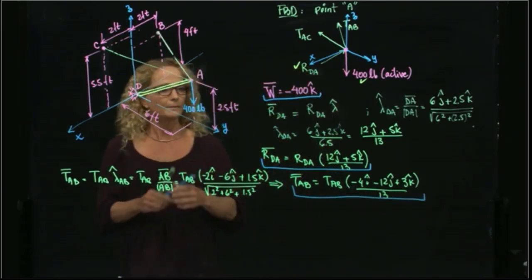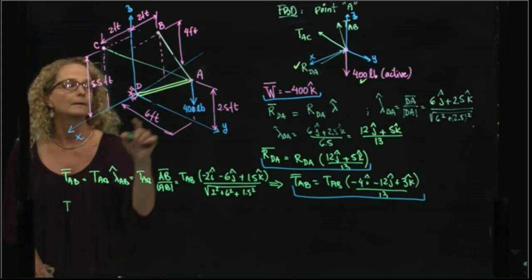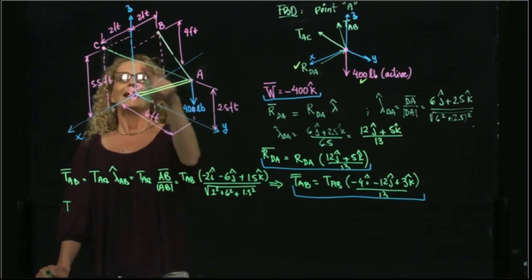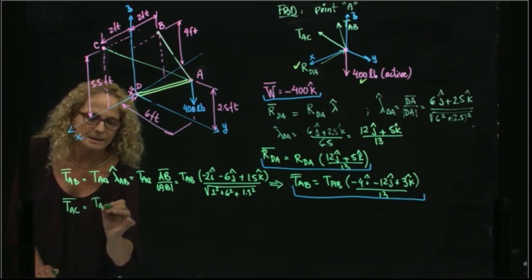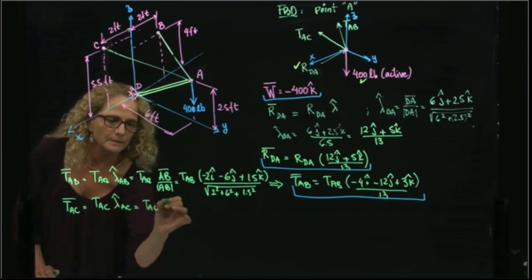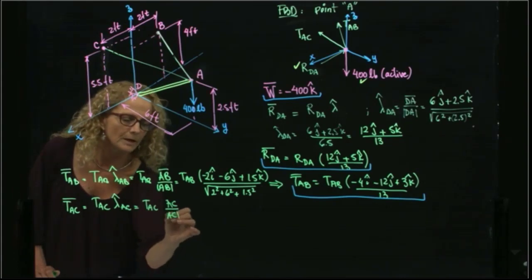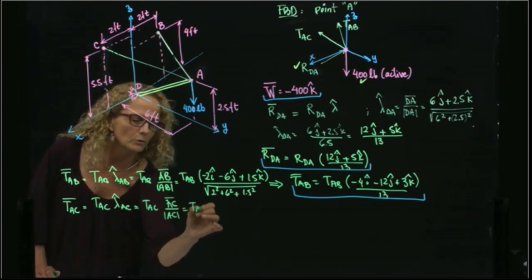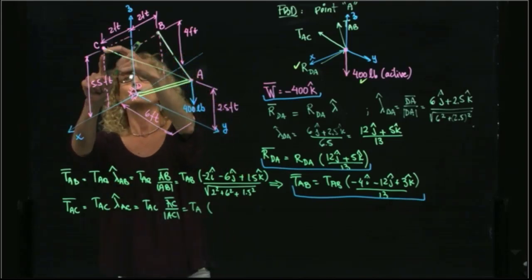So this is the other vector that I need. And the last one is the AC. The AC will be TAC times the unit vector from A to C. It's a very similar process. In X, I will go 2 positive.